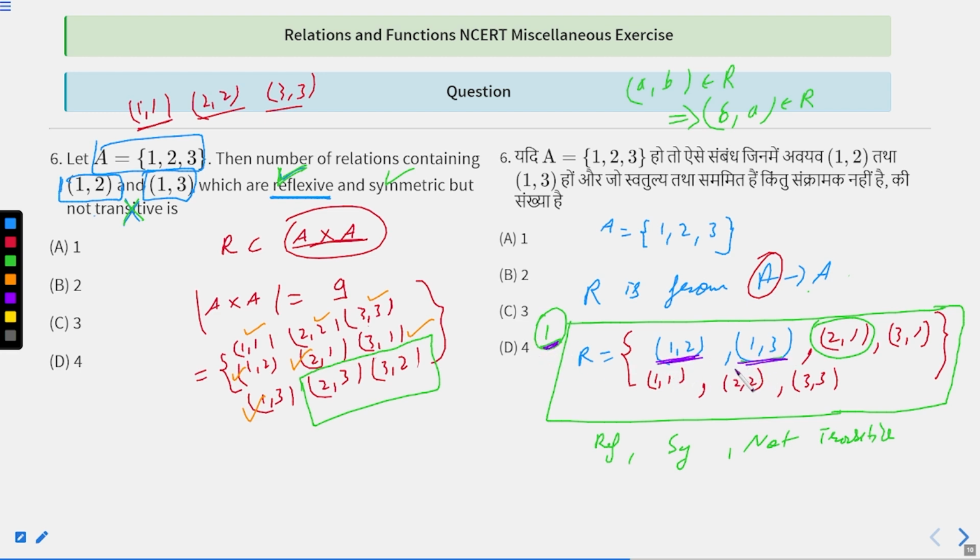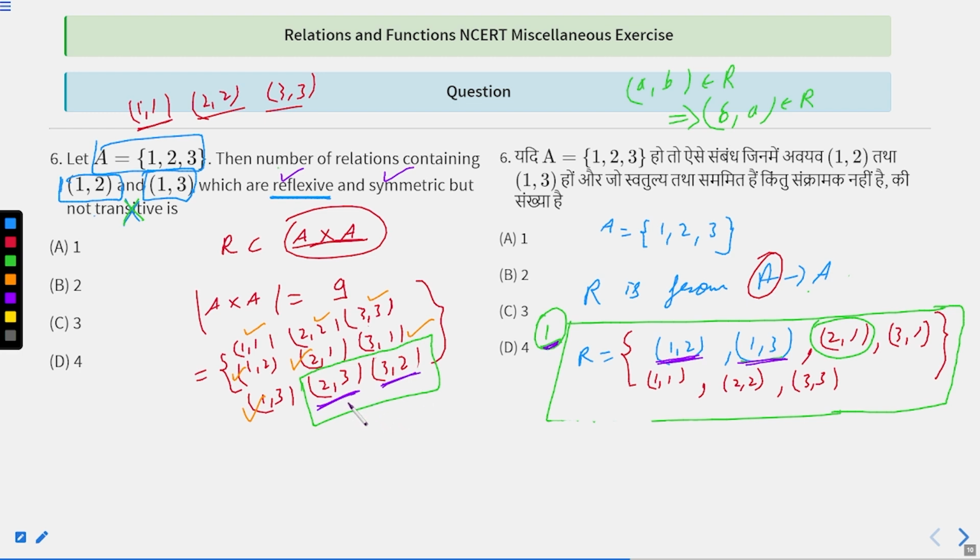I cannot remove any of these pairs, because if I remove any of them, it will not be reflexive or symmetric, but I want it to be reflexive and symmetric. So what I can do is just add elements. What other elements can I add? I can add this one and this one also.